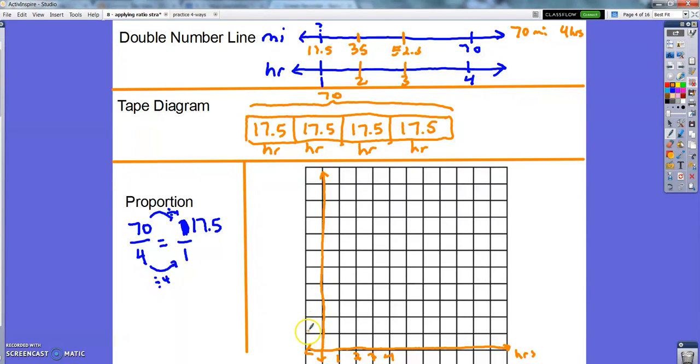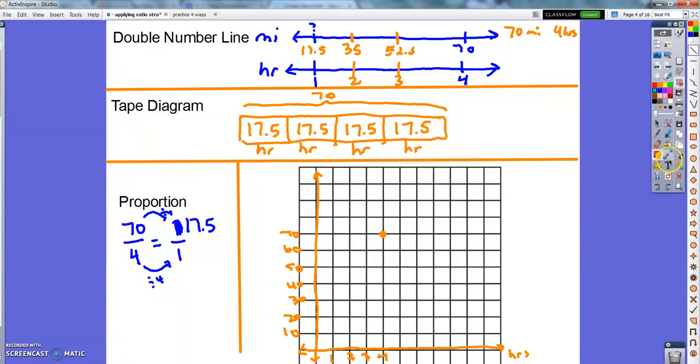So I think I'll go in tens, 10, 20. And remember, these are on lines too, 30, 40, 50, 60, 70. So if I go to that point, 4 hours, 70 miles, and I draw my line segment, got it, and got it.